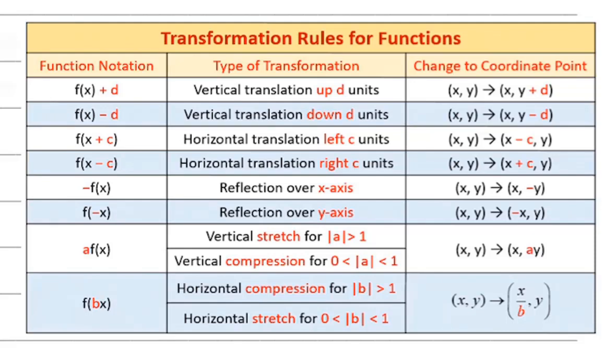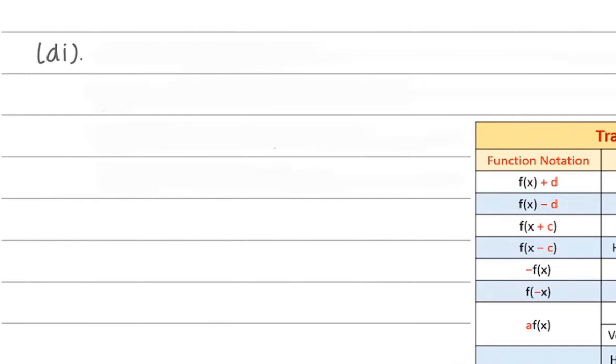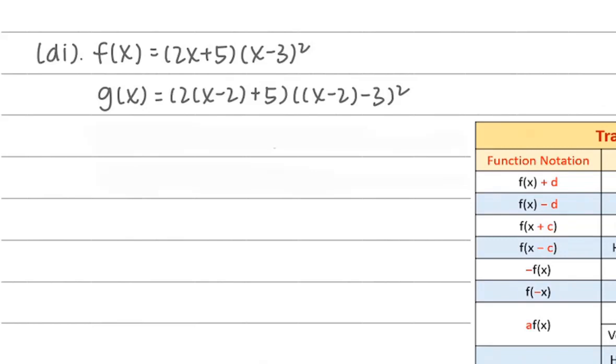For this question, we use the function that is stated on the 4th row of the table, f(x - c), to express horizontal translation to the right by c units. You first write down the original function f(x) before translation, and you do f(x - 2), as the question is asking for the translation to the right by 2 units.